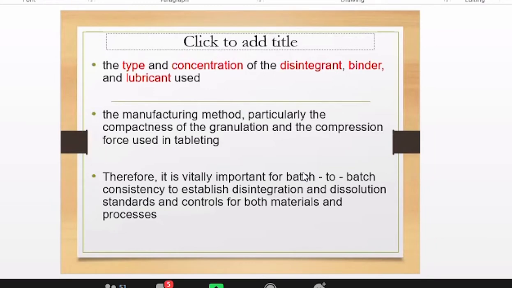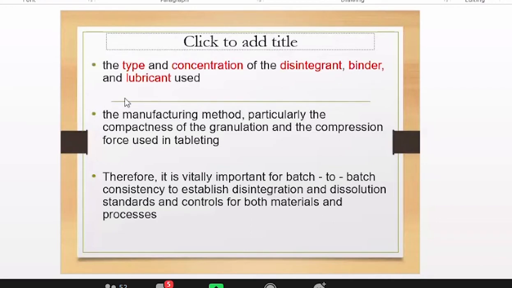With the binder as well, we know that if you increase the concentration of the binder, this is going to strengthen the cohesive forces in between the components of the tablet. As a result, you expect that if you increase the concentration of the binder, the rate of disintegration must decrease, and also the rate of dissolution will be decreased.